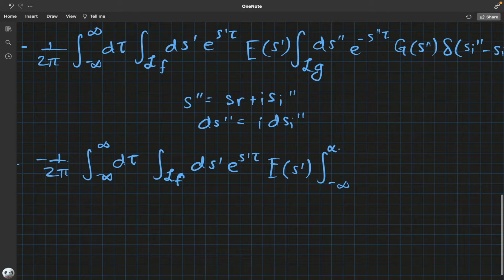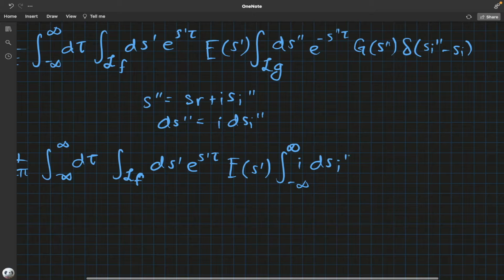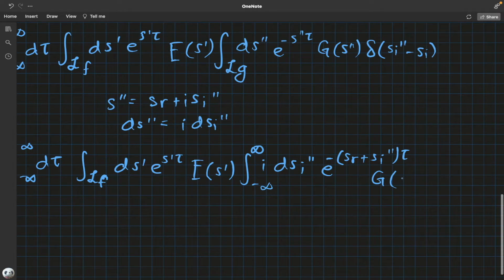Minus infinity to infinity. We have an i from this integration variable, with e to the minus s real plus s imaginary double prime of tau, g of s real plus i si double prime.